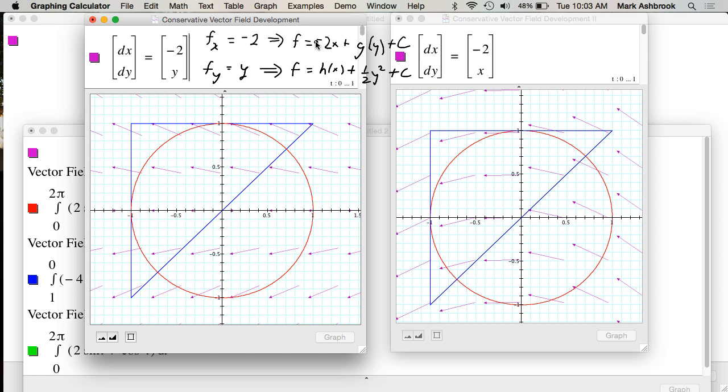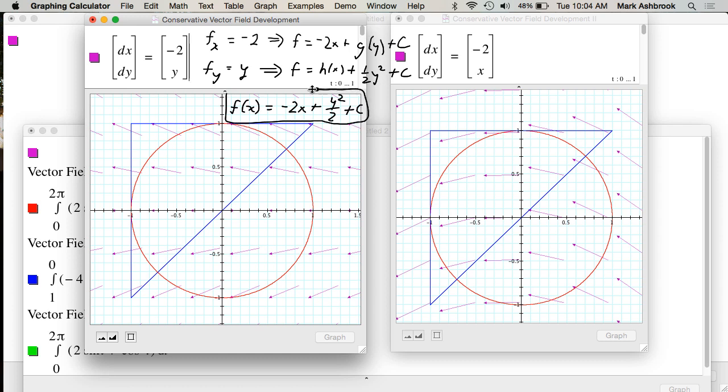So can these two formulas resolve into the same formula? Yes. And what would that formula be? Negative 2x plus 1/2 y squared plus c.